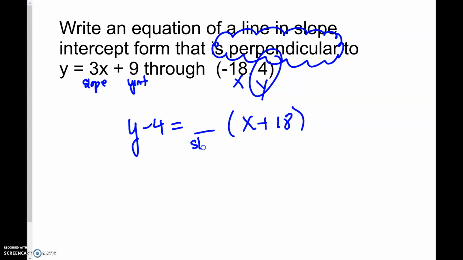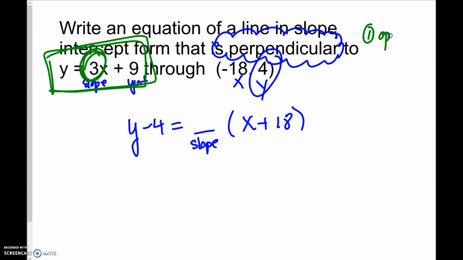All right, now I'm going to focus on my slope. I find the slope from the equation here, and our slope is 3. Now remember, if it's perpendicular, we have to do 2 things. We have to have the opposite sign. So this slope is positive, so we need negative.